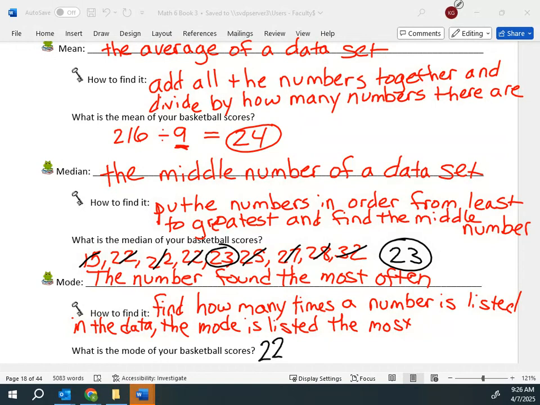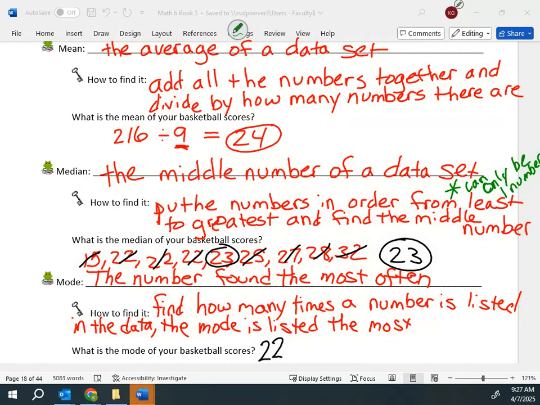Now, things to keep in mind that we talked about at the beginning. The median can only be one number. So you might want to put a little note on there. It can only be one number.